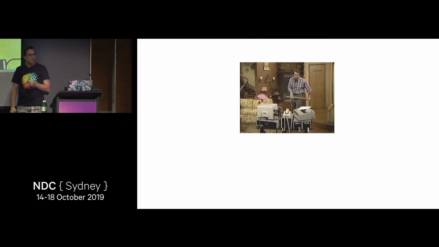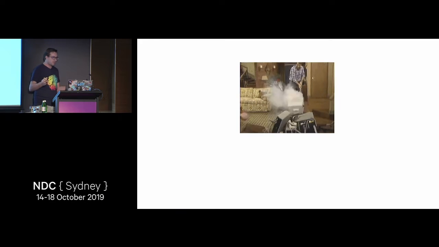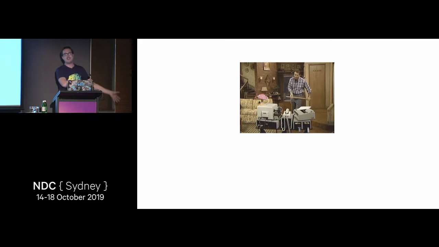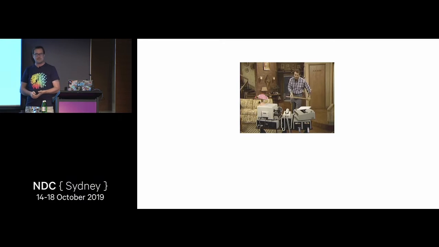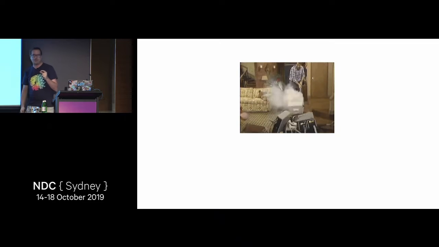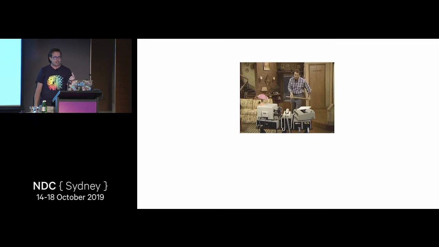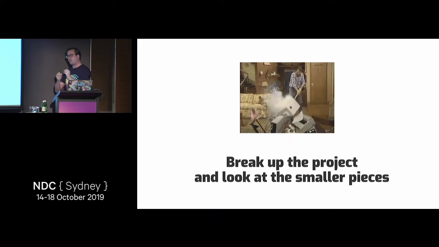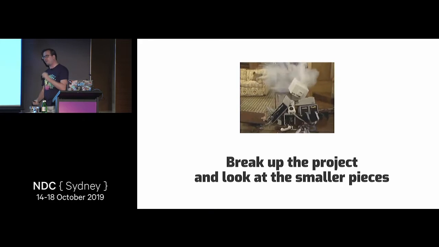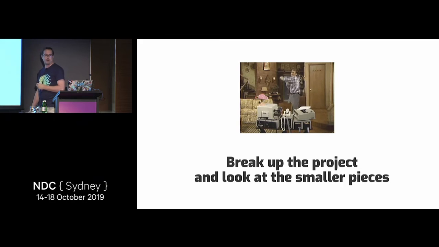So we had to rethink this project. We thought it was going to be easy: get a bunch of data, run it through a machine learning algorithm, and we would have our solution. But when we started studying these small differences and these small things the counterfeiters could fake, we decided to break the project up in lots of smaller pieces and look at very specific things on the box.